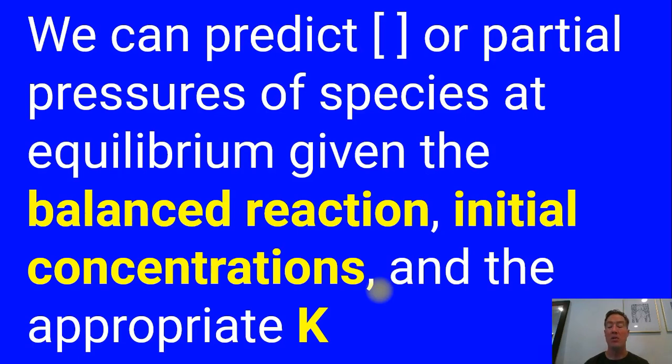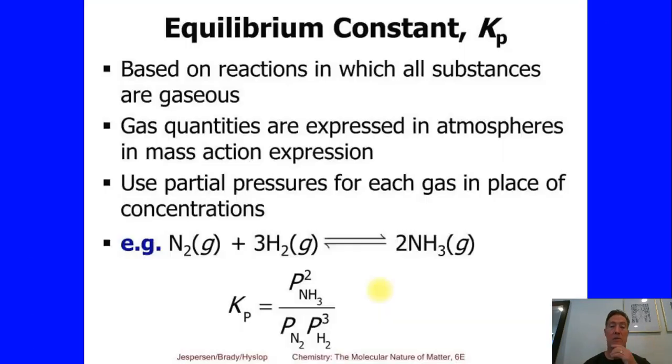So these Q and K expressions are powerful predictive tools for telling us what's going to happen. Once we know a K value, we don't have to run the reaction. We can know what the equilibrium concentrations will be just by plugging in the values.